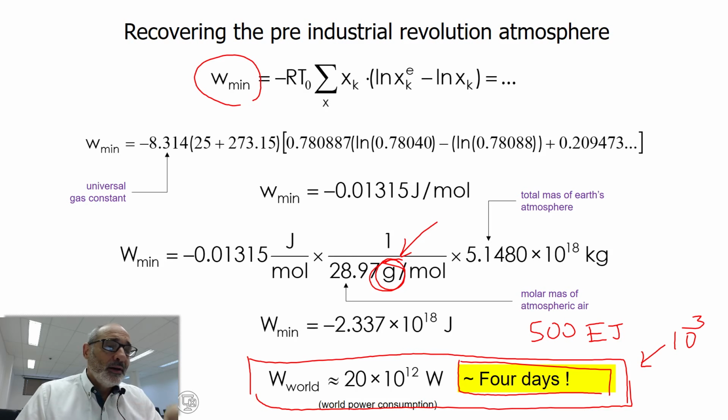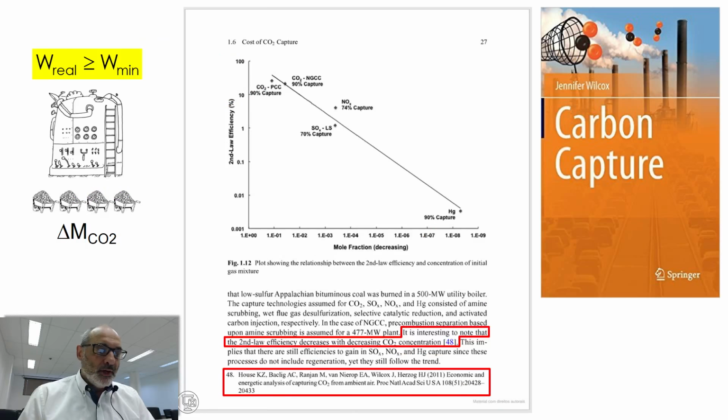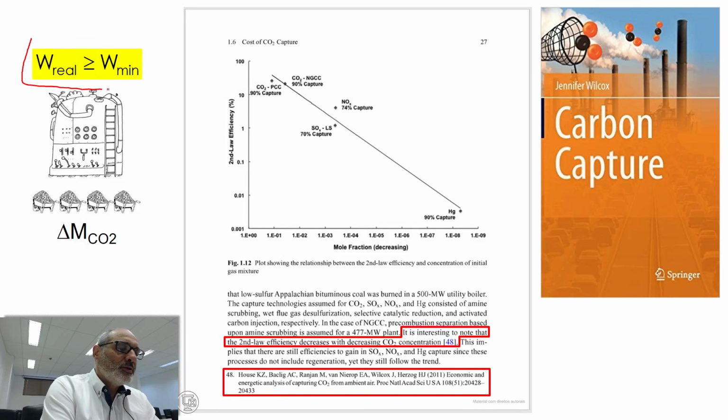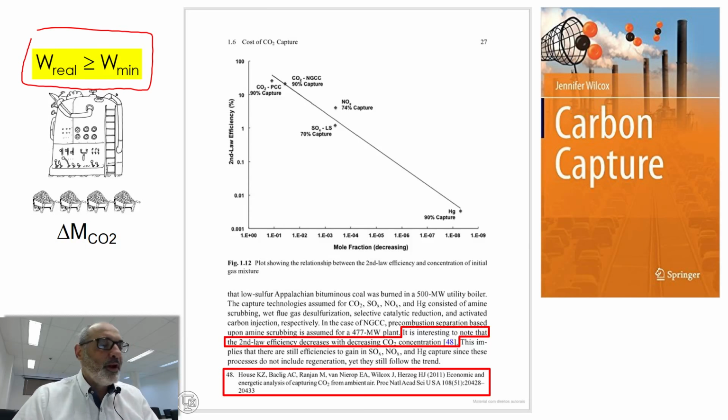That means all processes in our CO2 machine are reversible. All processes have the maximum possible efficiency. So this is the minimum work. The actual work that you're going to need is greater than this minimum number.